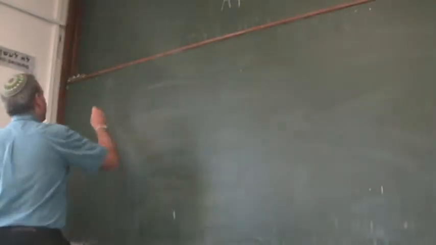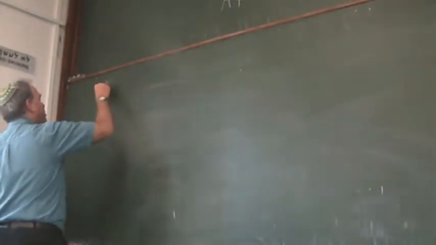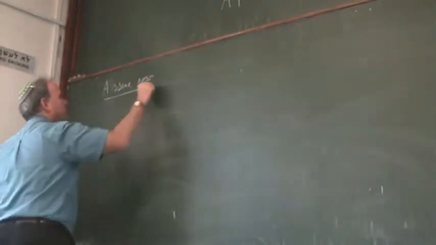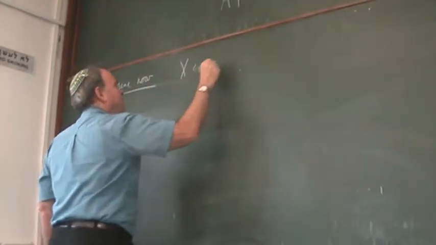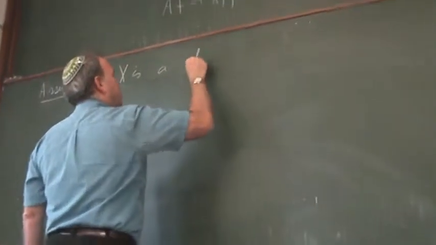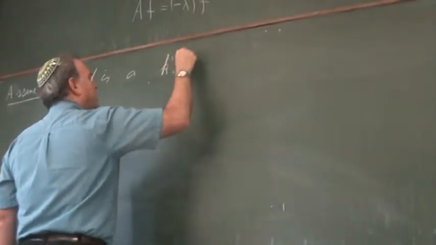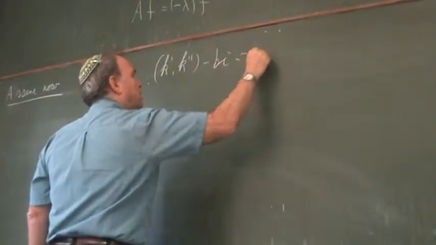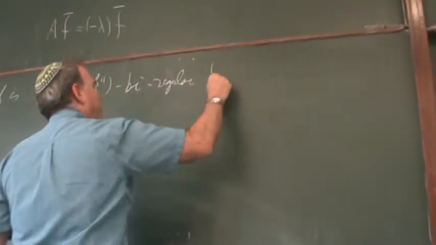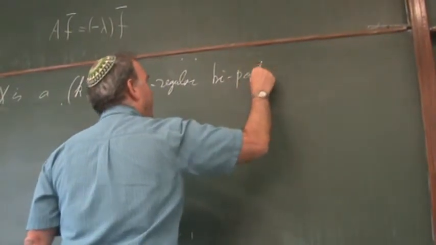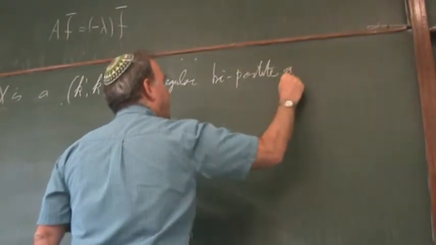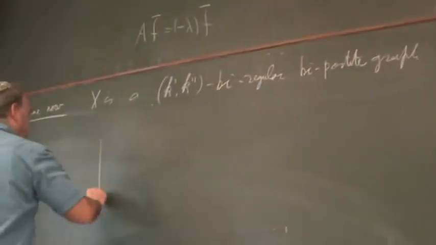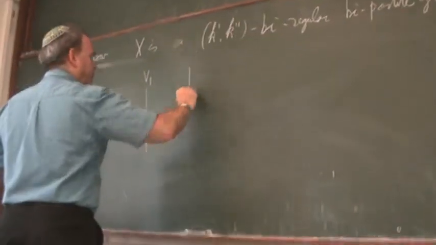So let's do the following. Assume now X is a K1, K2 bi-regular bipartite graph. By this I mean that we have two sides, V1 and V2.